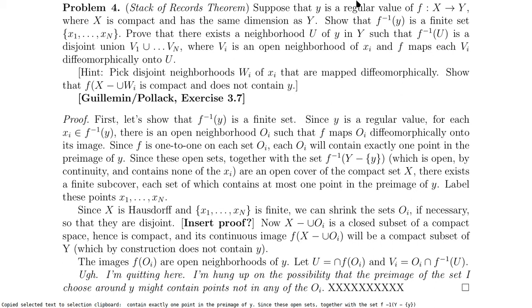Compact gets sent to compact, and then compact will be closed. Okay. We're using compactness of X. So this would be closed in Y.